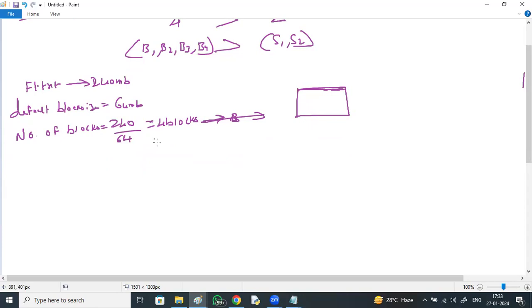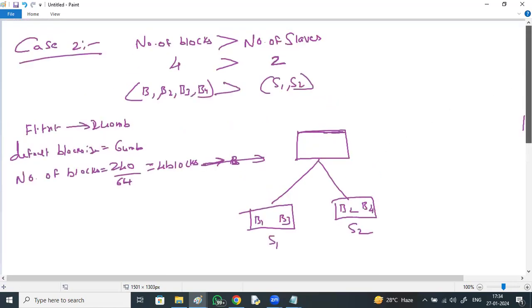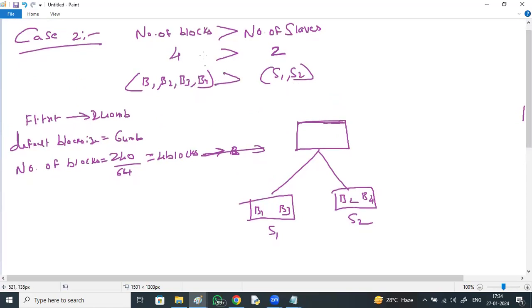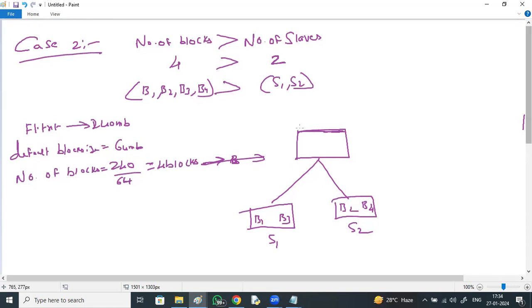So here number of blocks is 240 by 64, 4 blocks, but only 2 systems, 2 slaves, S1 and S2. B1 here, B2 here, B3 here, B4 here. This is the name node, within the master node.